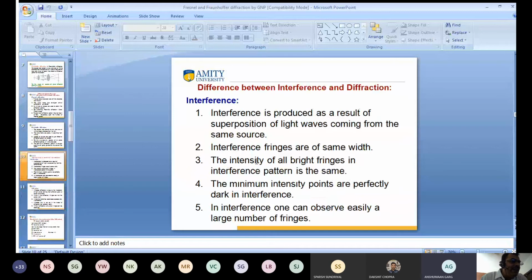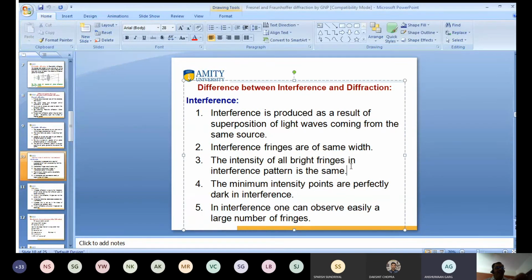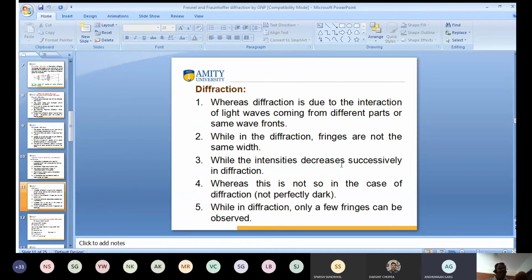Again, third point: the intensity of all bright fringes in an interference pattern is the same. The bright fringes have maximum intensity, and they will be the same. But in diffraction, the intensity decreases successively.